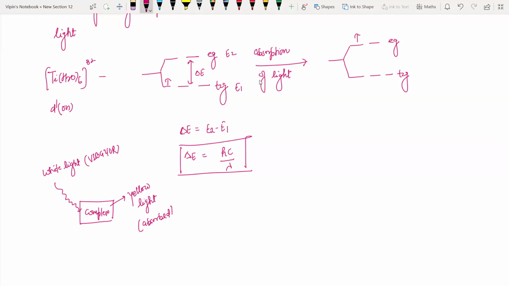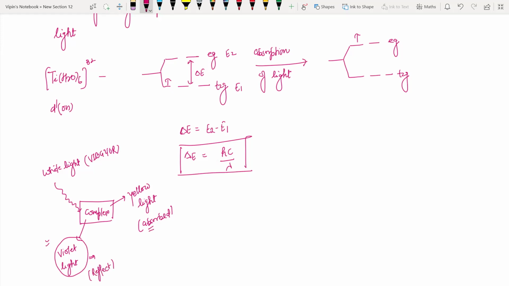Then if this complex absorbs yellow light, it will reflect violet light. And this is the violet light that is seen by our eyes, right? It means when any complex absorbs yellow light, the color of the complex will be violet, not yellow.